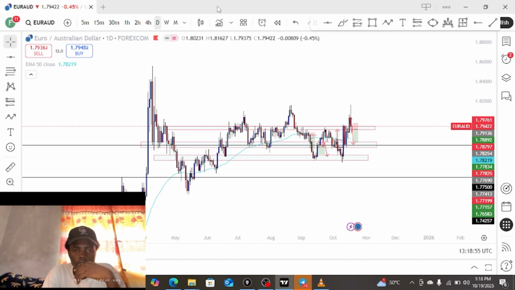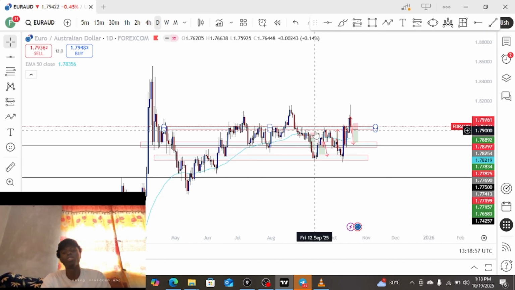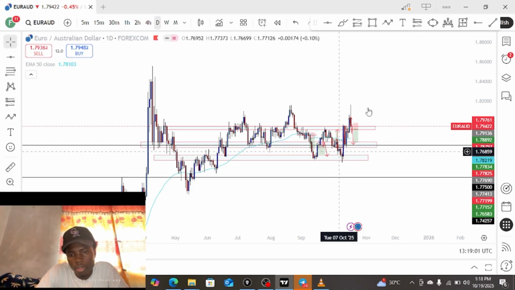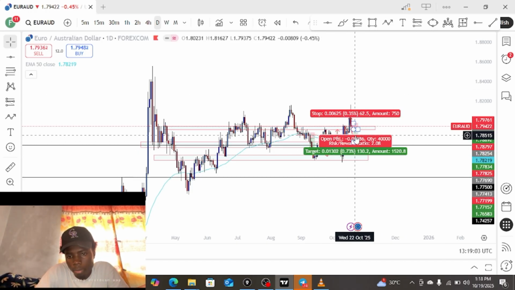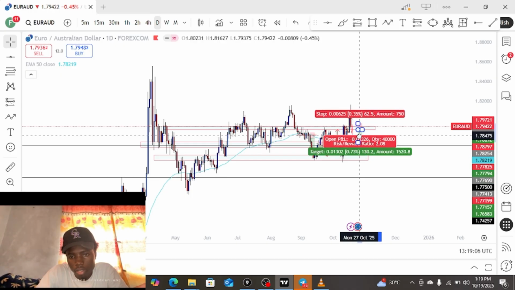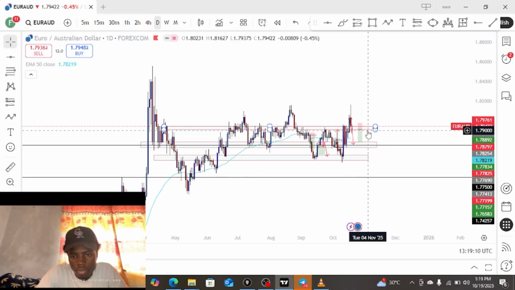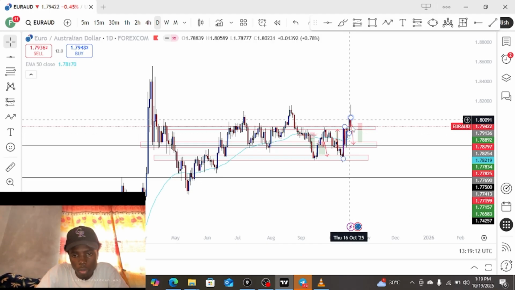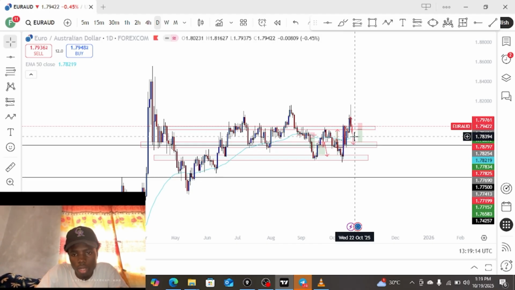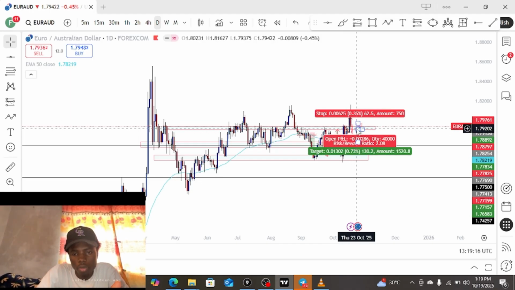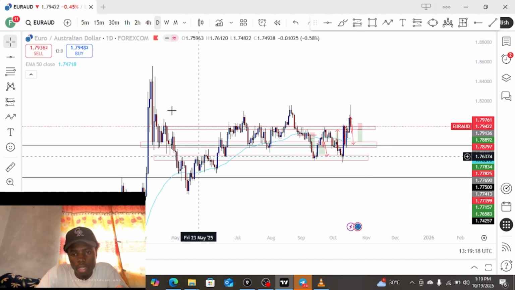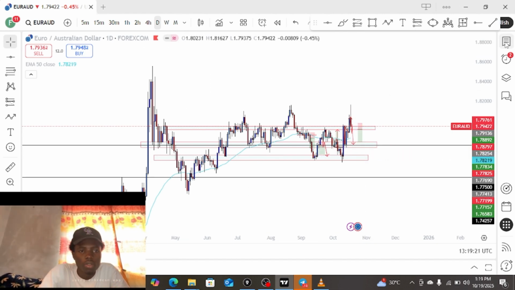So the daily is also bullish, but then you can see it has momentum of being bearish, because we have the AOI near the higher low. So when we break the higher low, we are creating a lower low, and then we will be looking for a lower high and then sell. So I'm not interested in Euro right now because of how the structure is.